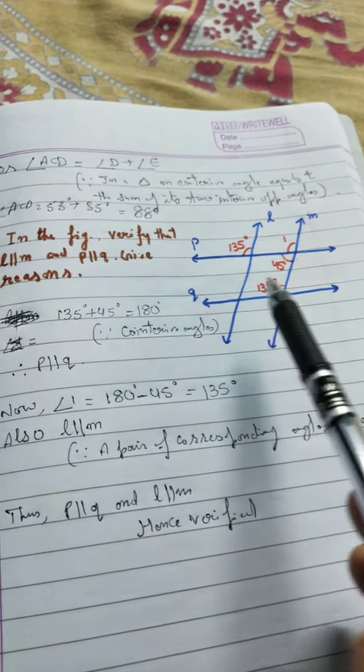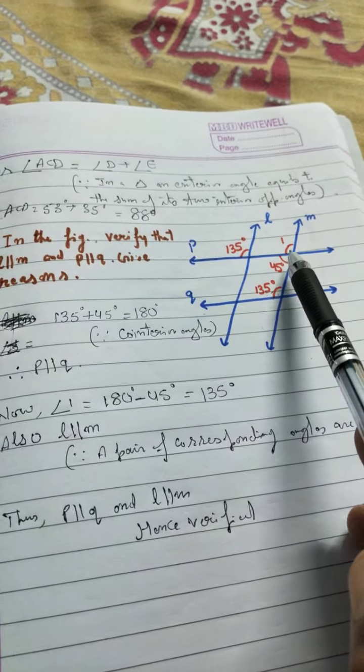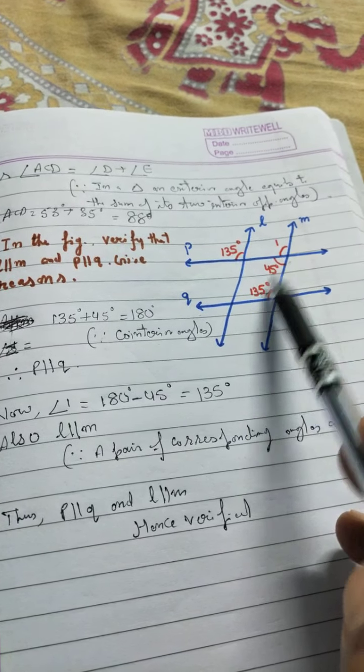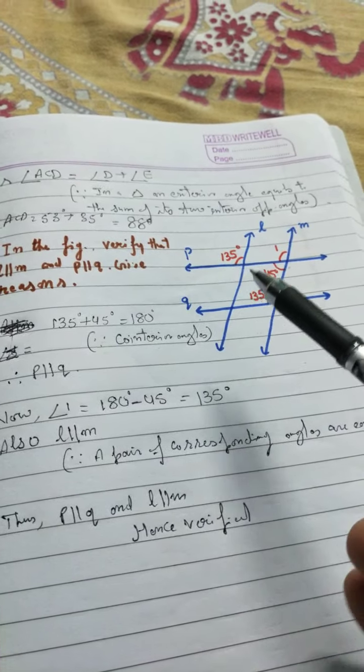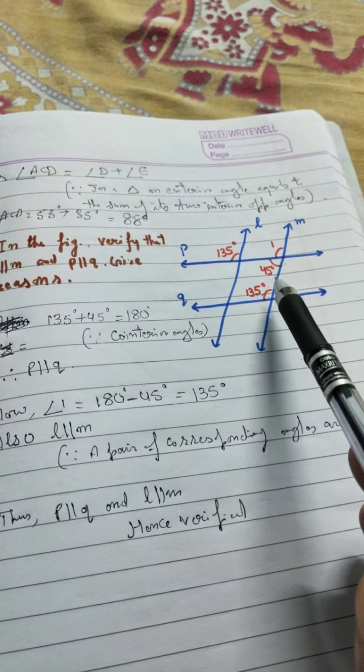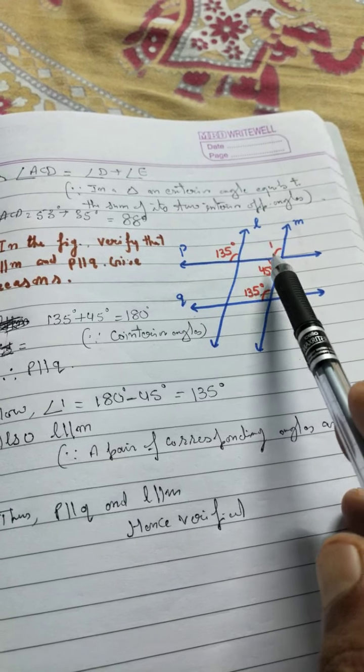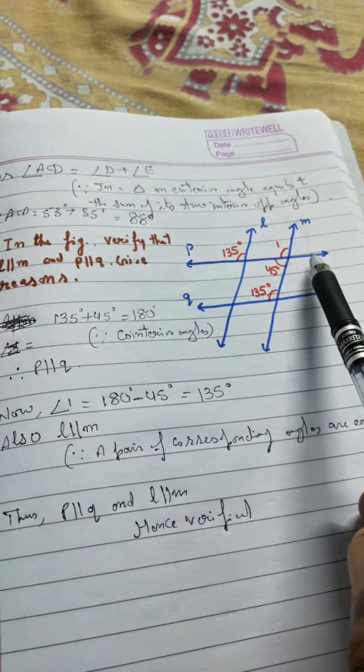And second, find angle 1. Angle 1 and 45 form a linear pair, or angle 1 and 135 are a pair of corresponding angles. In any one way you can use this. Angle 1 is equal to 180 minus 45, which is 135, because of the linear pair.